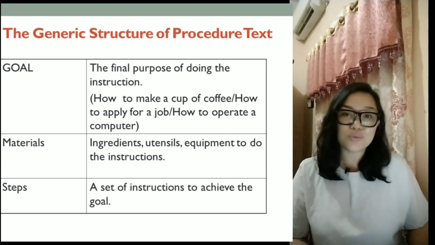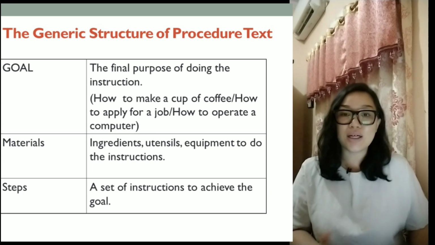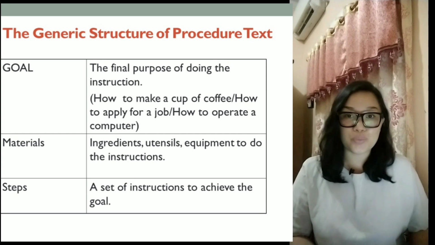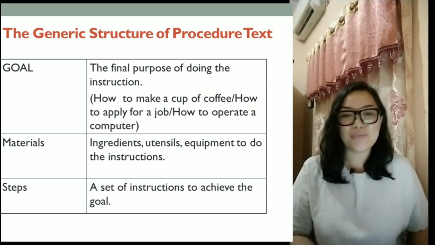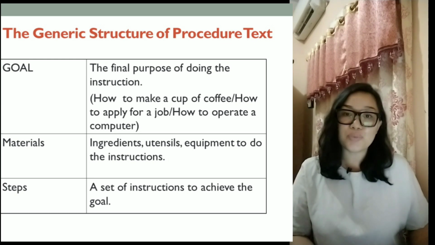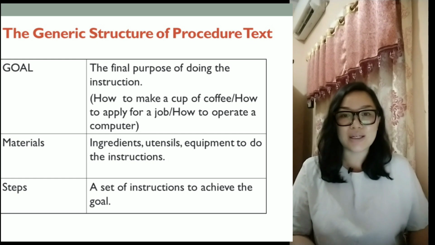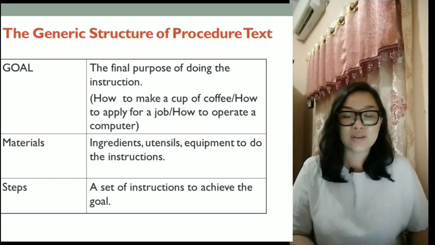Contohnya, how to make a cup of coffee, how to apply for a job, or how to operate a computer. Jadi, goal itu tujuan dari apa yang kita buat digambarkan di judul dari teks prosedur tersebut.